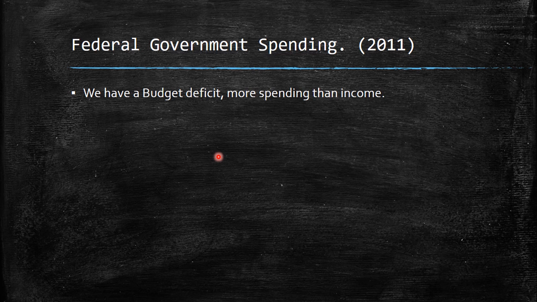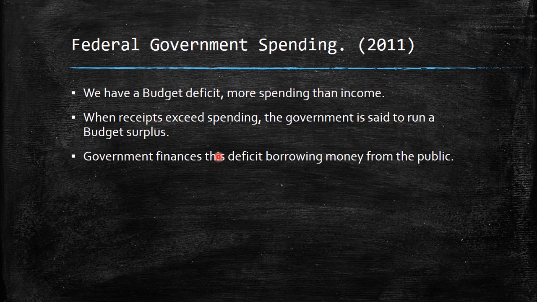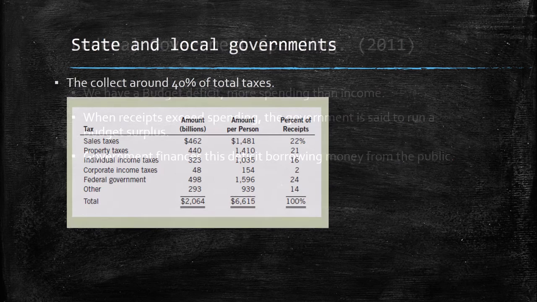United States has a budget deficit because there is more spending than income. Now imagine we are in another situation where receipts exceed spending. This is a situation in which the government is said to run a budget surplus. As we said before, the government finances this deficit by borrowing money from the public.